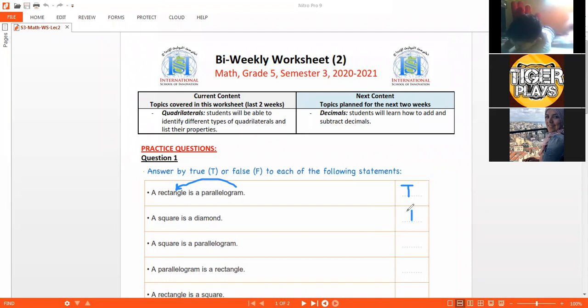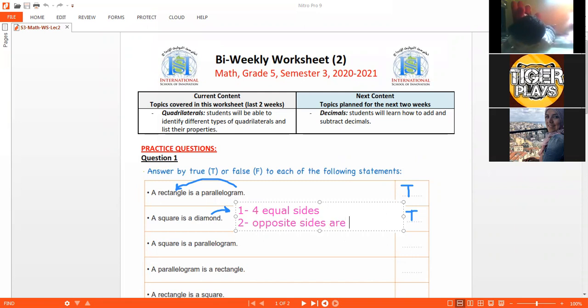But let us remember together the properties of a rhombus. What are the properties of a rhombus? Let us write them and check if it's true or not. One, it has 4 equal sides. Very good. And its opposite sides are equal and parallel. Perfect.